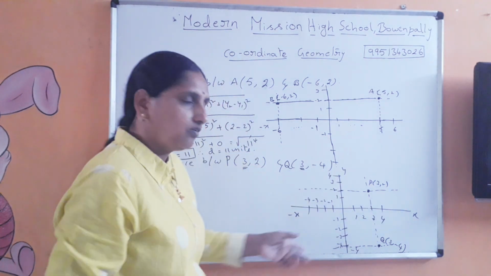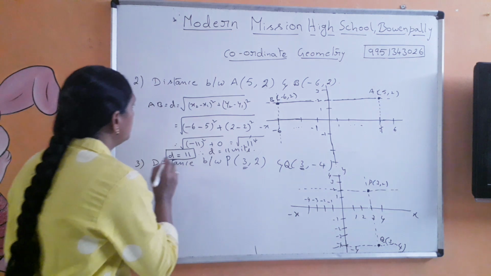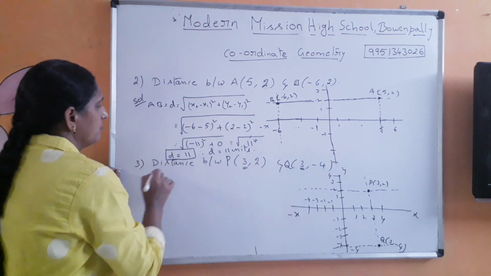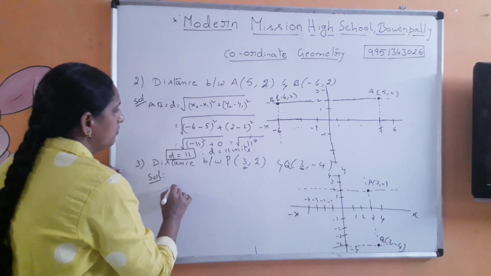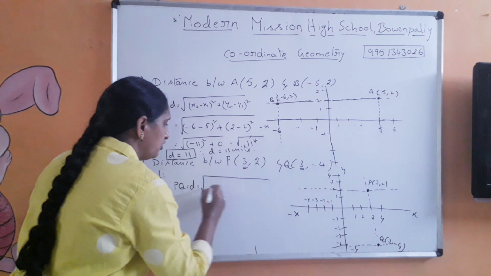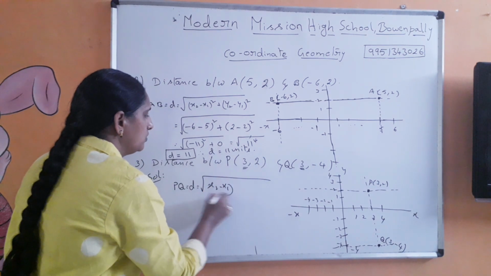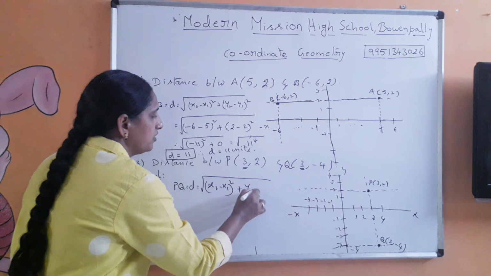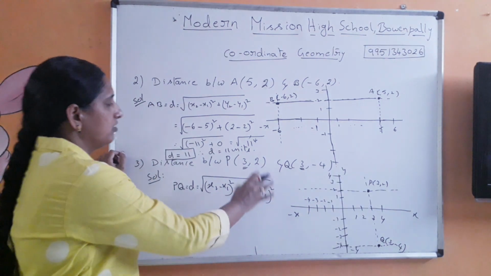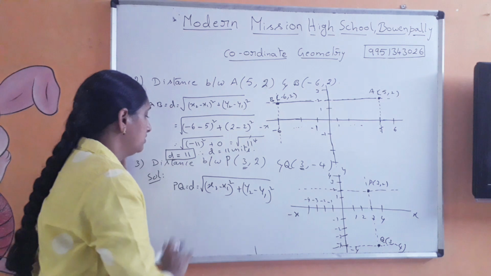Second method. Now the third method, the most general method. So what is that? PQ, which is the distance, is equal to, write down the formula first. Always remember to write the formula first. In whichever formula you are substituting, that should be shown.